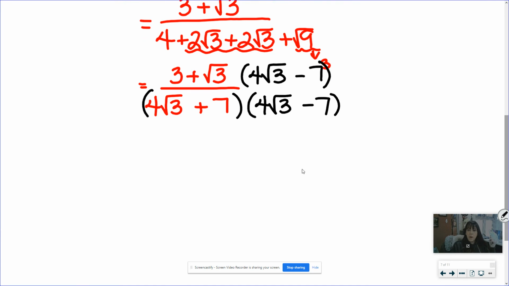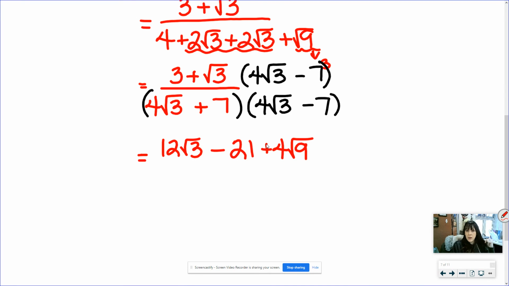And you go through and multiply all this stuff. So we're going to end up with a lot, actually. The top would be 12 radical 3 minus 21 plus 4 radical 9 minus 7 radical 3. That's kind of a mess, but I'll clean it up here in a minute.